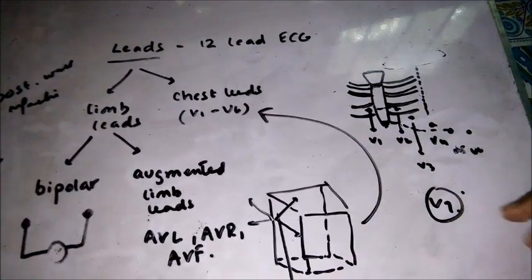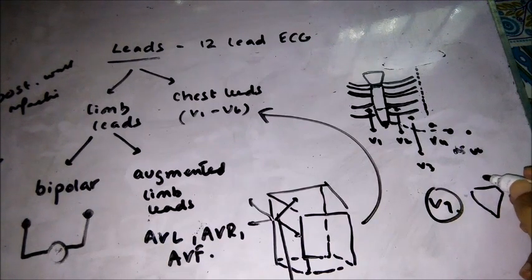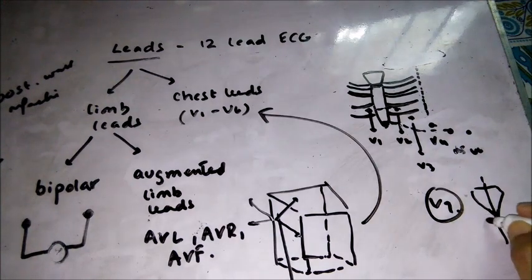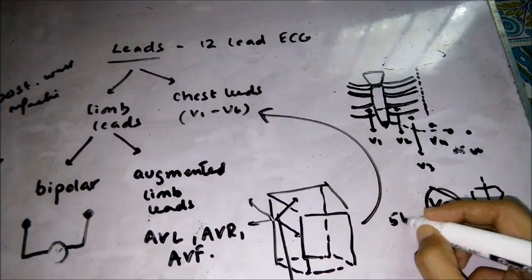Then there is another lead known as V8. This is the scapula. There's a line which passes through the inferior angle of the scapula, and this line is known as the scapular line. On the scapular line we will attach V8, and this is at the same level of the fifth intercostal space.